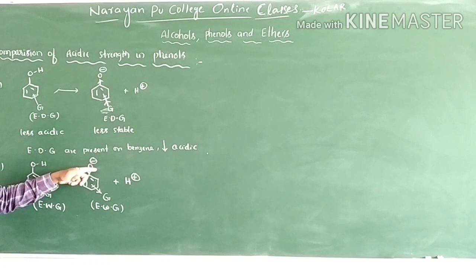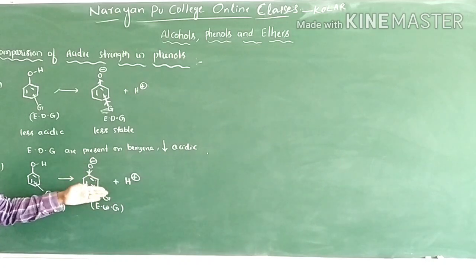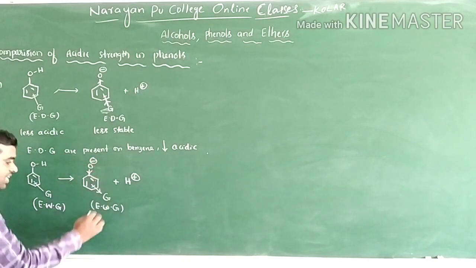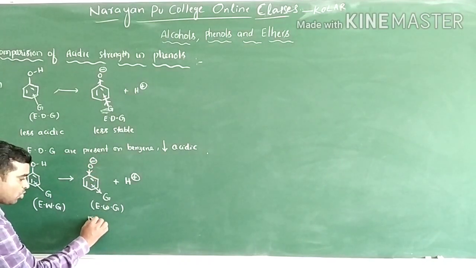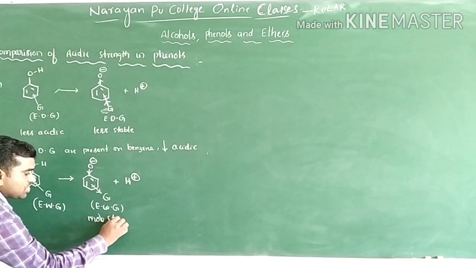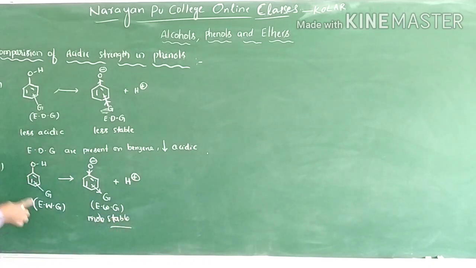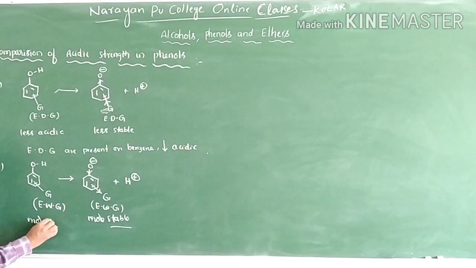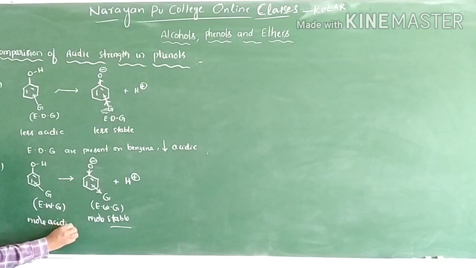Electron density decreases means negative charge is decreasing. So charge decreases, stability increases. So it is more stable. If it is more stable, acidic nature is more. So it is more acidic.